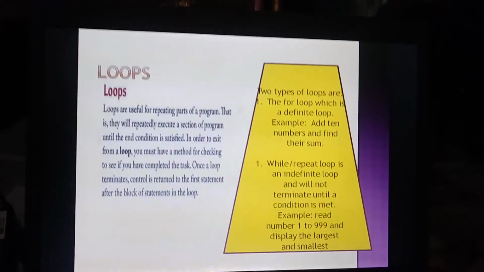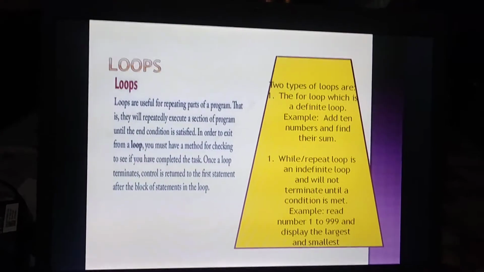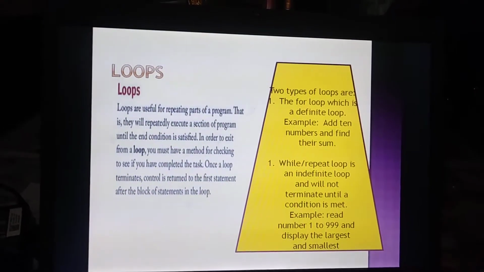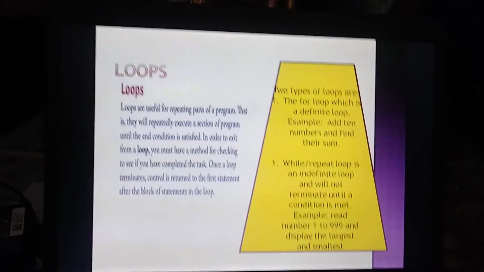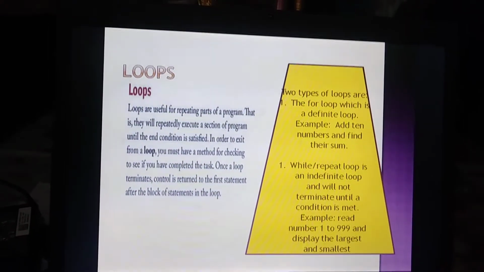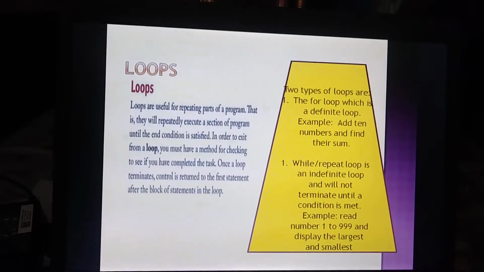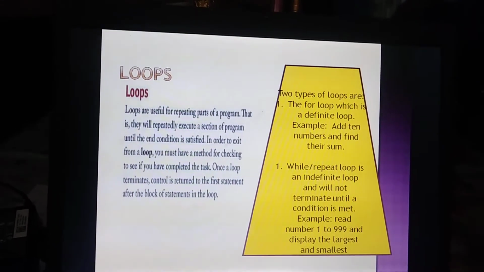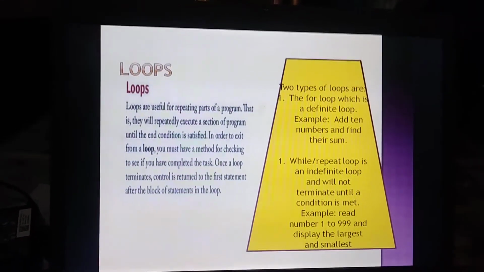Then you have loops. A loop is useful for repeating parts of a program. That is, they will repeatedly execute a section of program until the end condition is satisfied.